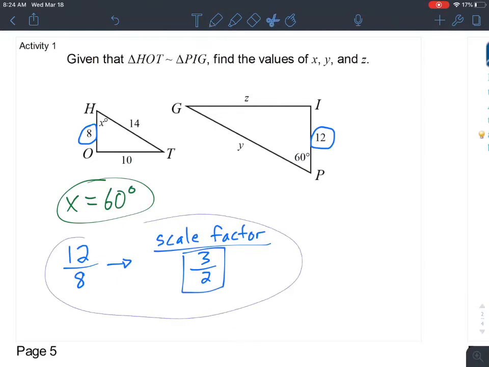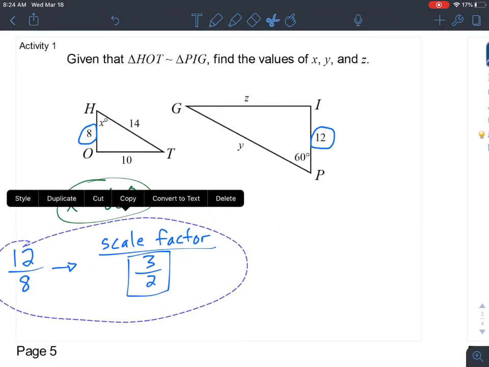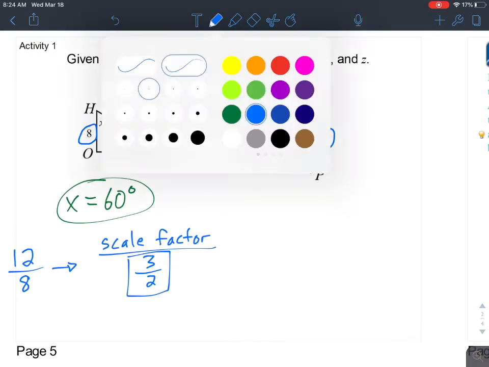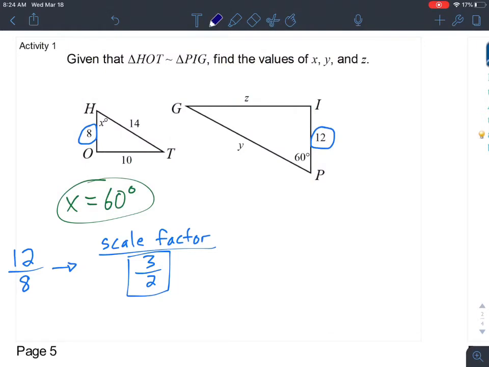Therefore, in order to find Y and Z, we are going to use that 3/2 with whatever values we were given in order to find the missing values. I'm going to start with the 14 because that corresponds with Y. We have to multiply 14 times 3/2 in order to get Y. If we simplify this, 14 divided by 2 is 7, and then we multiply that by 3.